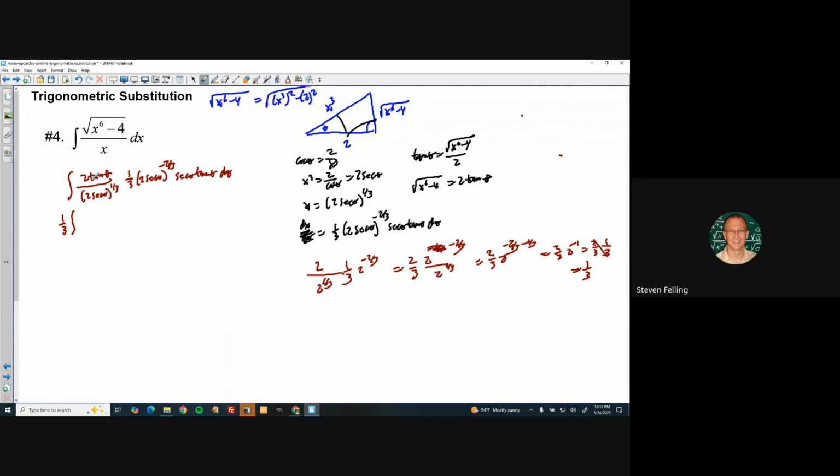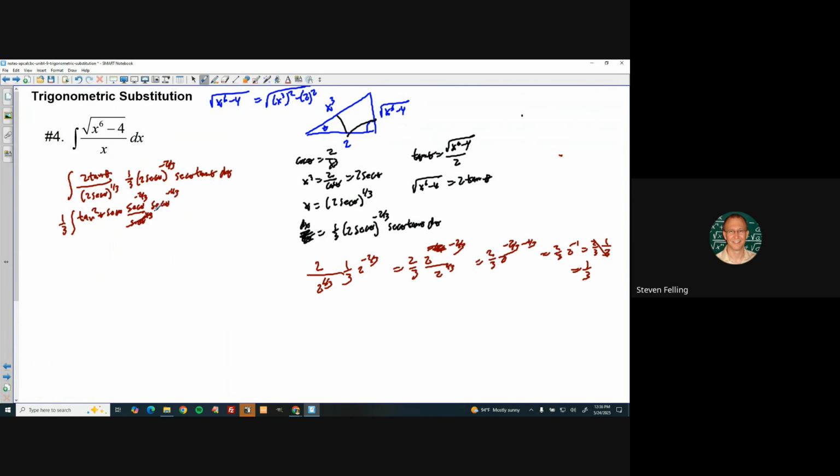So what do we have left? We have a tangent and a tangent, so that is a tangent squared. We have a secant, and then we have a secant to the negative 2/3 power, and on the bottom we have a secant to the 1/3 power, which means if I raise this to the top, this is secant to the negative 1/3 power.